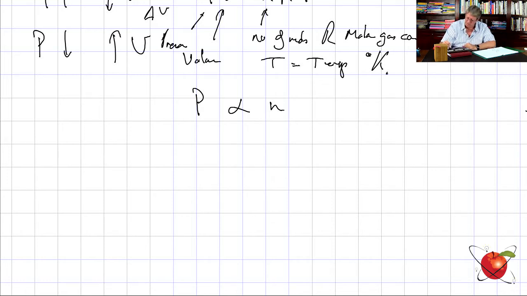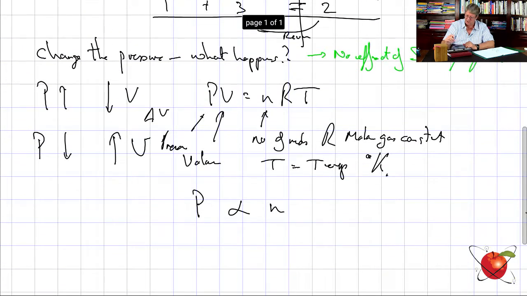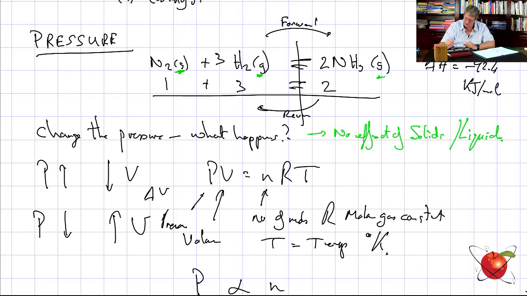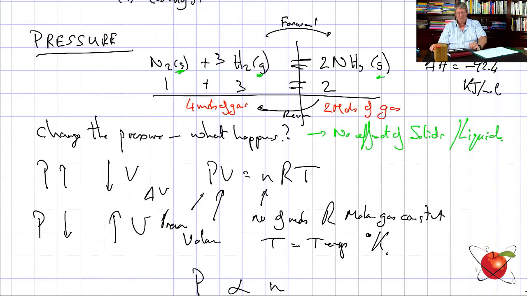Which means that on my equation over here, I'm just going to go back up to my equation. I now look and I say, okie dokie, this has got 4 moles of gas. This has got 2 moles of gas. Remember that recipe, the 1 plus 3 going to 2 is sacrosanct.